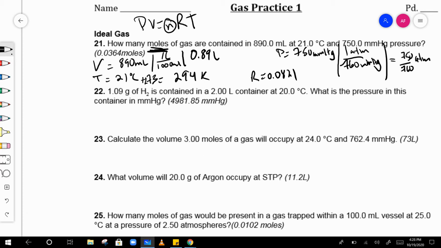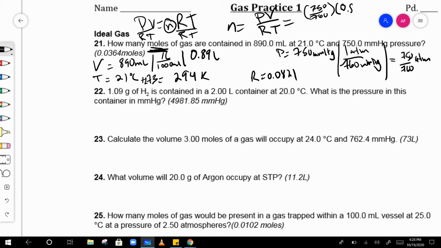Okay, so we're solving for moles. You can solve for moles before you plug in the numbers or after. If you do it before, you just have to divide by RT, so you get n equals PV over RT. And then you're essentially just plugging in the numbers. Pressure was 750 over 760.